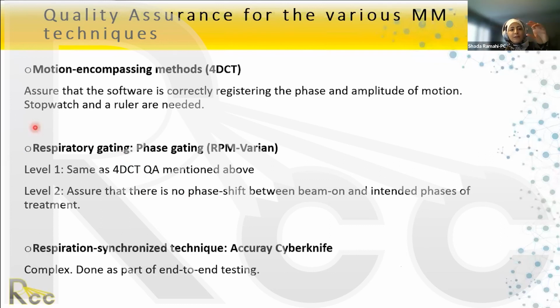We have a small phantom that we make go up and down, and then we see if what we're getting from our stopwatch and ruler is the same as what the software is recording. However, it's really very tricky to do phase shift quality assurance on the Linac. And Accuray CyberKnife, where the treatment is tracking respiration, is a more involved end-to-end testing.